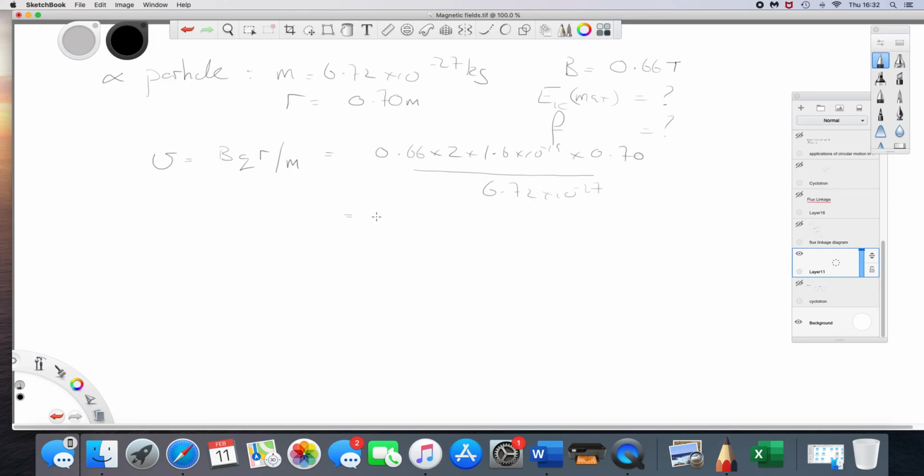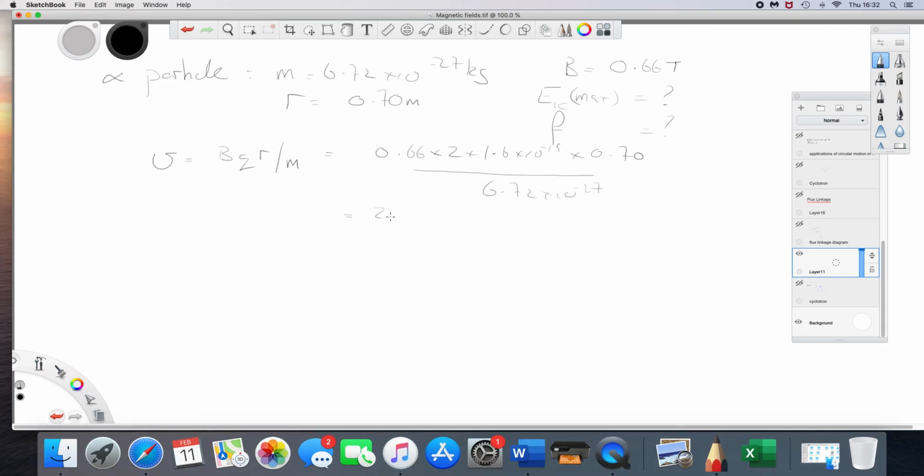That gives us a velocity of 2.2 times 10 to the 7 meters per second. And KE, of course, is a half mv squared. So if we stick our numbers in, squaring this, multiplying by the mass, then we get 1.6 times 10 to the minus 12 joules, or about 10 MeV.